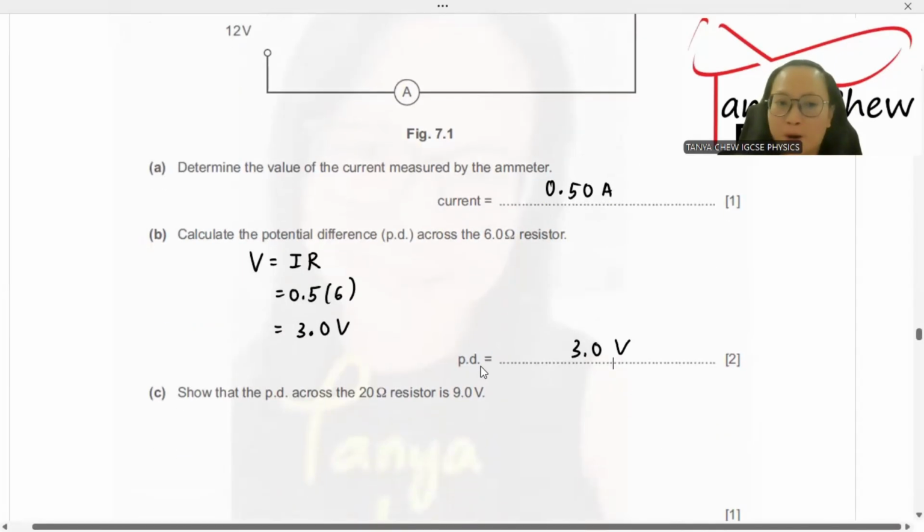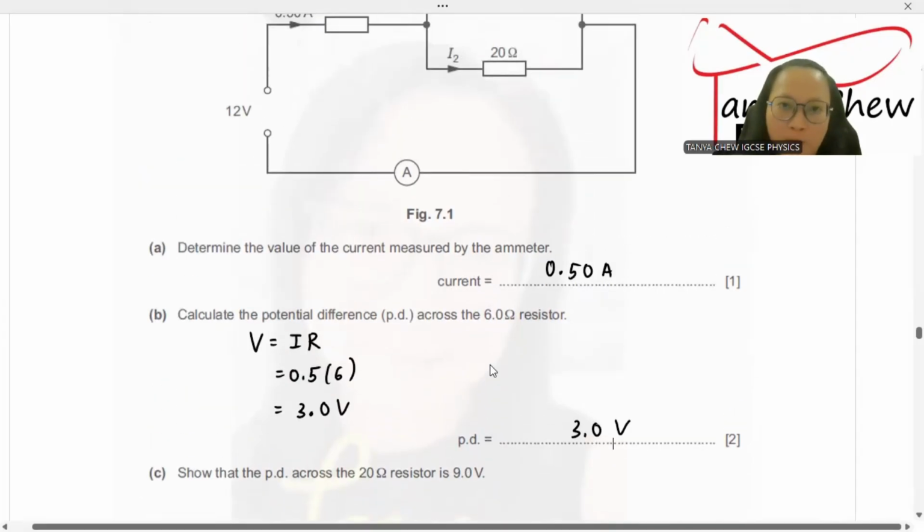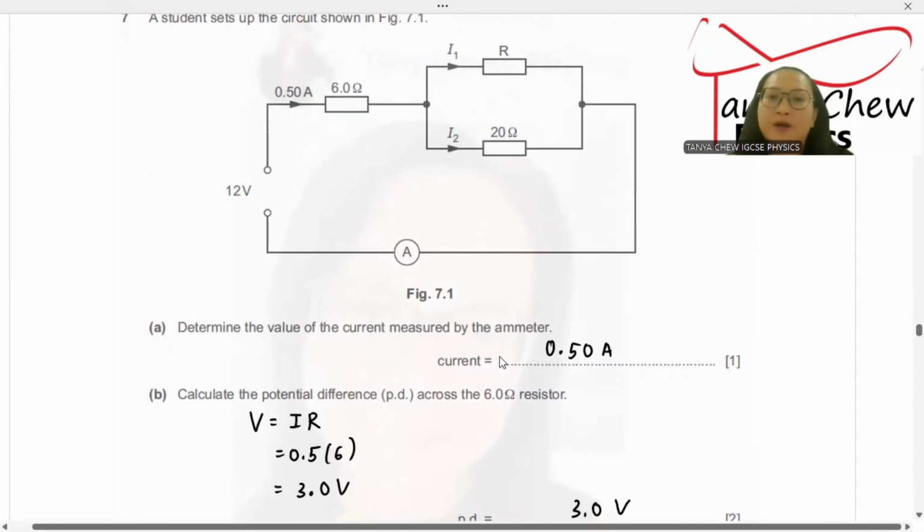And you have to show in part C that the PD across the 20 ohm resistor is 9 volt. How do we show? 20 ohm and R are connected in parallel, so they share the same potential difference.